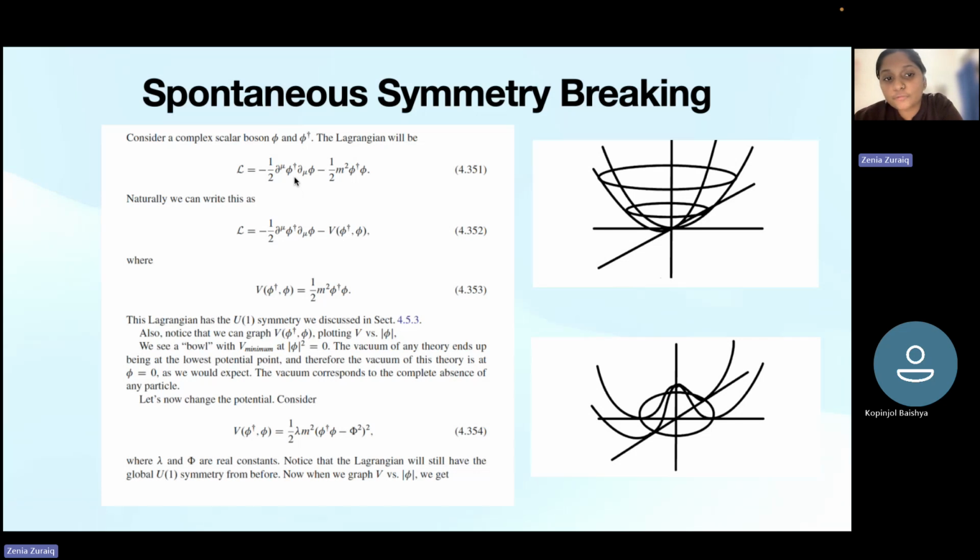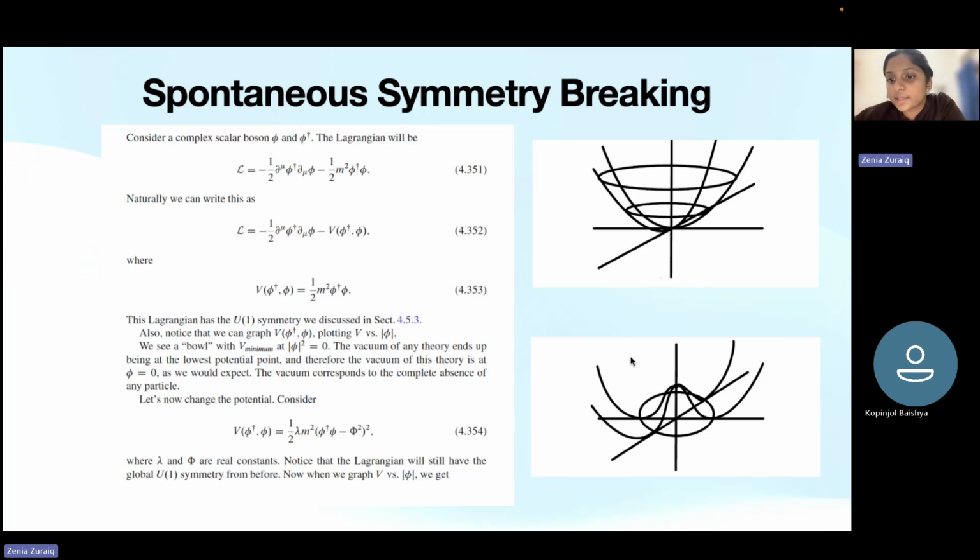If I change small phi to phi times e^{iα}, I still get the same thing. If I plug this back, phi dagger gives me e^{-iα}, and phi gives me e^{iα}. So in both terms, the e^{iα} phase terms cancel out. The symmetry is still there, but when we graph V versus phi, you get something different.